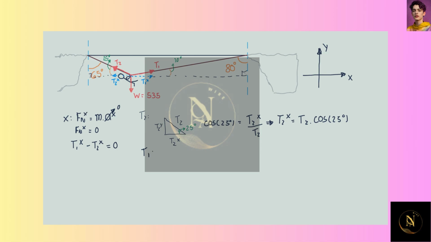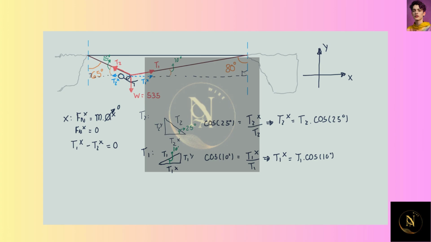Doing the same for T1, we get another triangle, which is this one. This is the hypotenuse, this is T1y, this is T1x, and we know that this angle is an angle of 10 degrees. Now, using the cosine of 10 degrees, we get the following information. The cosine is the adjacent side, so T1x divided by the magnitude T1. Then, T1x is given by T1 times the cosine of 10 degrees.